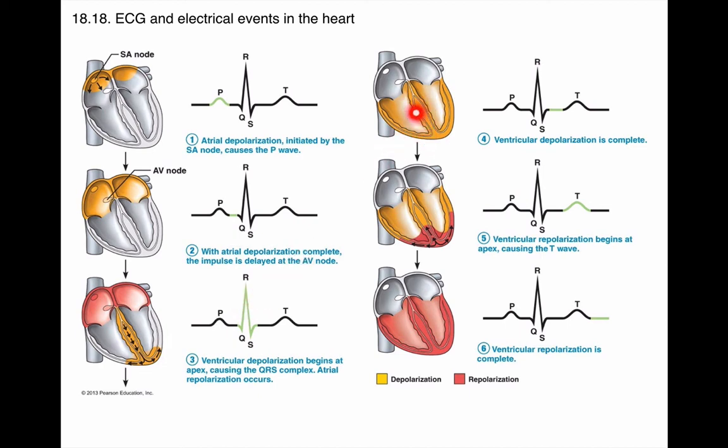Then, washing away from the interventricular septum as well as the apex, the impulse washes up the two sides of the heart, and gradually it starts to repolarize. As it's resetting, that's where it shows the T part of the ECG wave. Then by the time you get to the flat part, the rest of the heart is repolarizing.